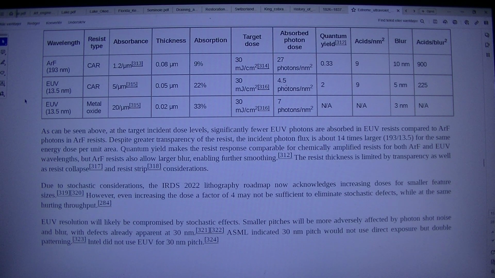284, EUV resolution will likely be compromised by stochastic effects. Smaller pitches will be more adversely affected by photon shot noise and blur, with defects already apparent at 30 nm. 321, 322, ASML indicated 30 nm pitch would not use direct exposure but double patterning. 323, Intel did not use EUV for 30 nm pitch. 324.